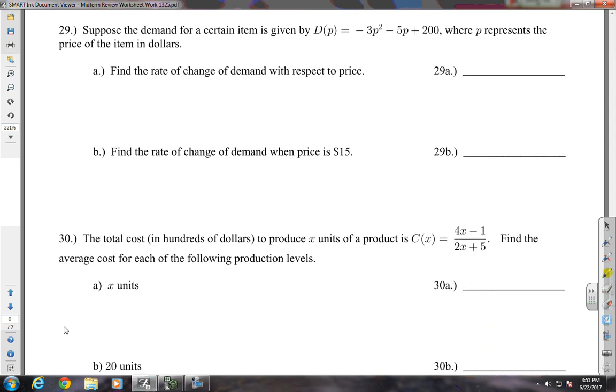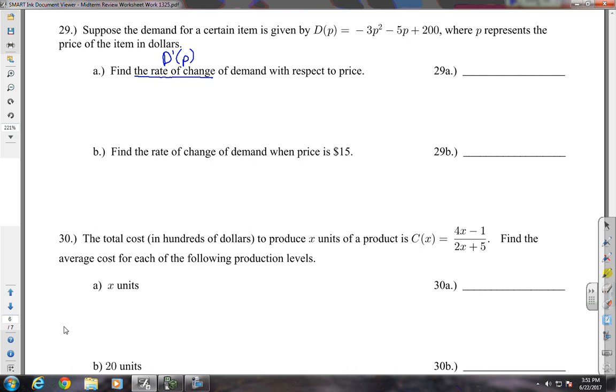Problem number 29 says, suppose the demand for a certain item is given by D of P equals negative 3P squared minus 5P plus 200, where P represents the price of the item in dollars. So P is price, D is demand in number of units of that certain item. Part A says, find the rate of change of demand with respect to price. Remember, when it asks for rate of change, that indicates a derivative.